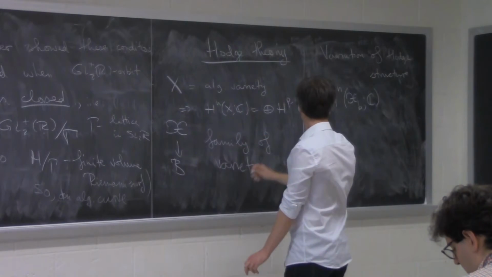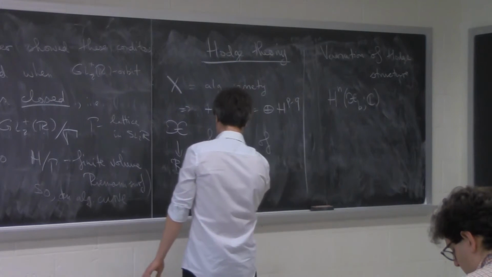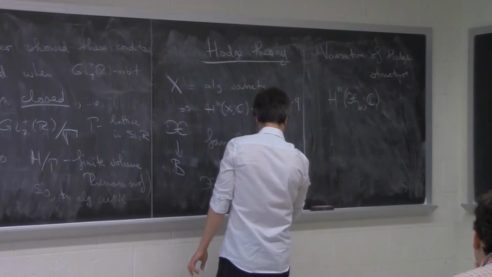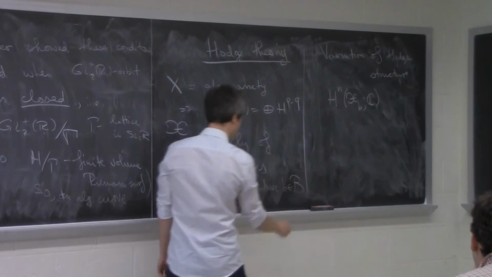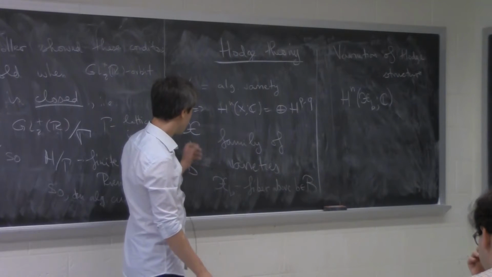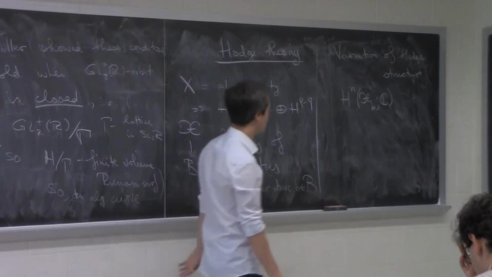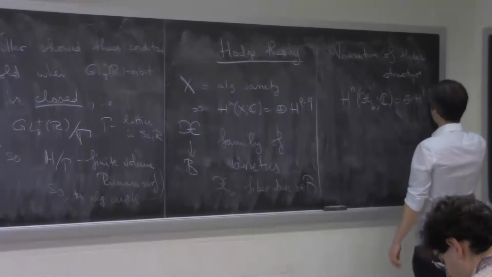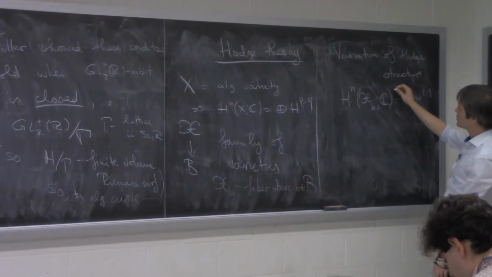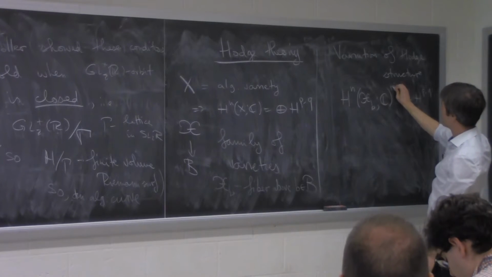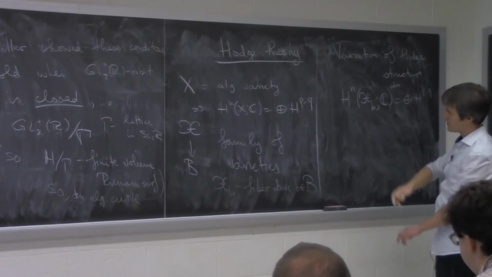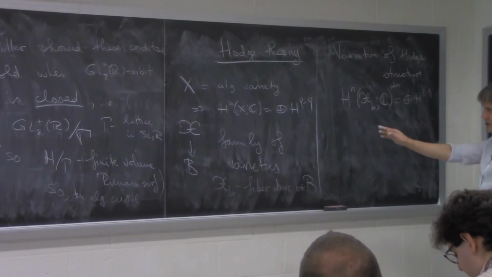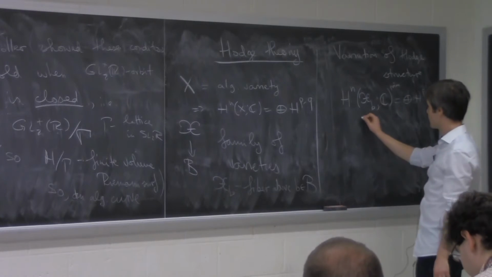X_b is just the fiber above little b in capital B. So you have these cohomology groups, and they form a bundle. And in particular, they decompose. Strictly speaking, to get a variation of Hodge structures, you should take something called the primitive cohomology. But if you don't know what this means, then don't worry. And I should say here, polarized family. But just imagine this picture for the current discussion.